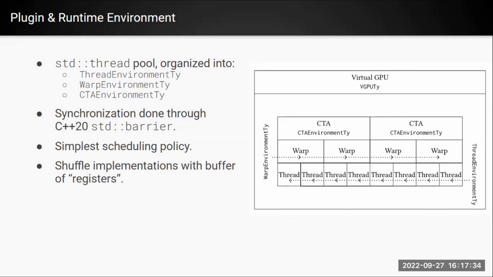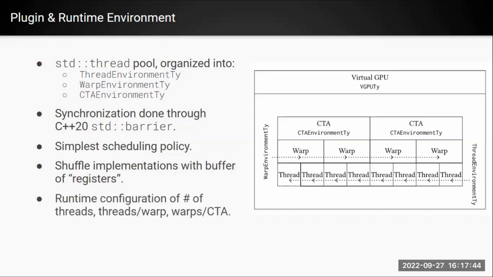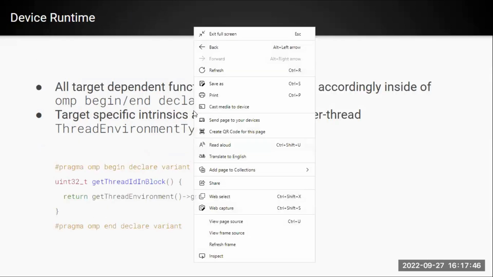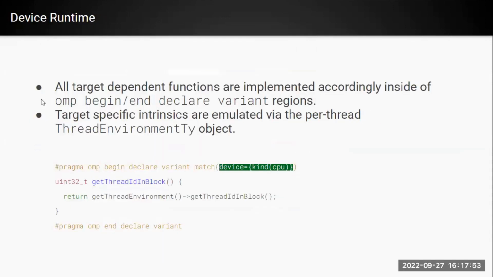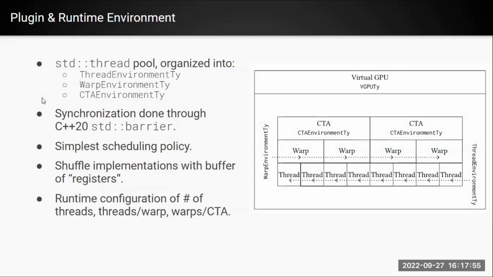We actually didn't change the runtime implementation. We just implement all the native GPU functions that the vendors provide us with through alternatives on the host. And everything can be configured through runtime variables.